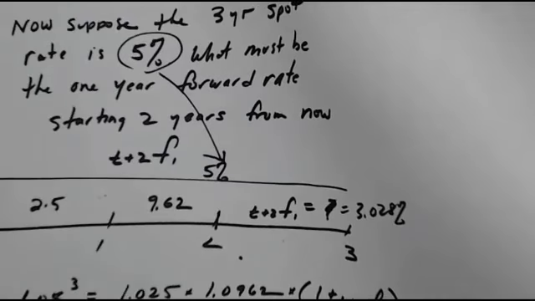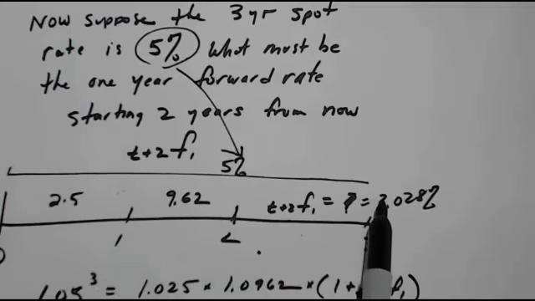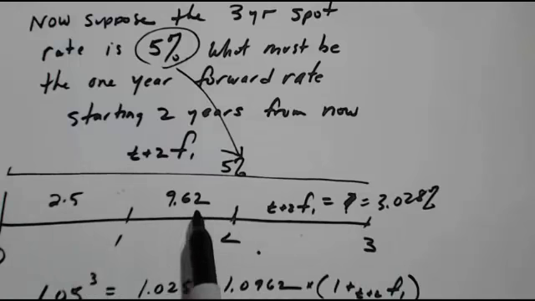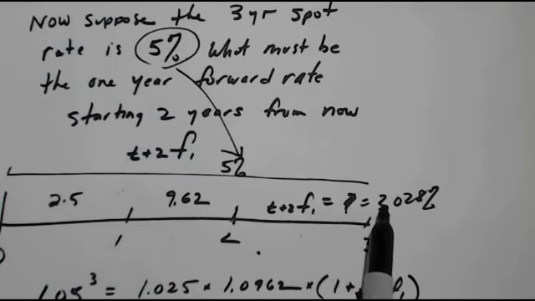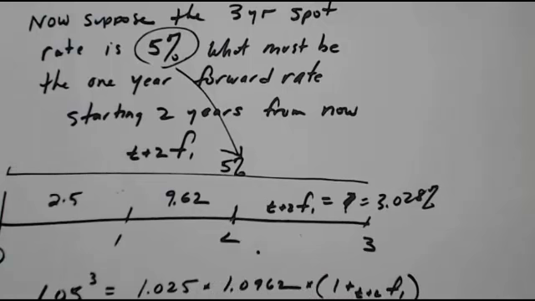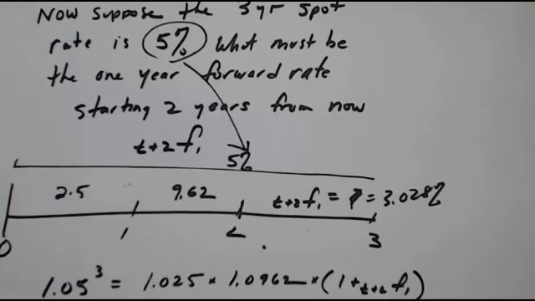So here, the way to interpret this is, I'm indifferent between investing at 5% for 3 years versus 2.5% for 1 year, 9.62% for the second year, and 3.028% the next year. Because when I'm all said and done, both strategies will give me $1.1576, almost $1.16.